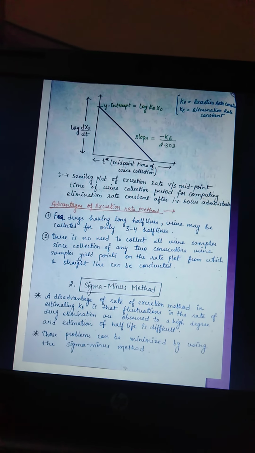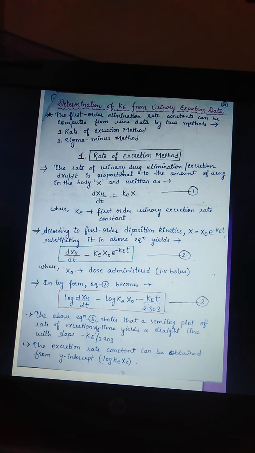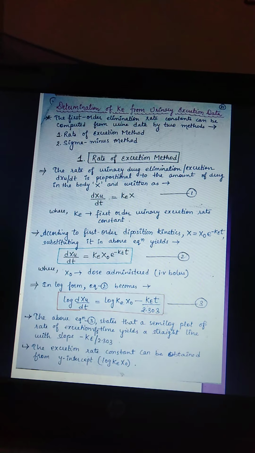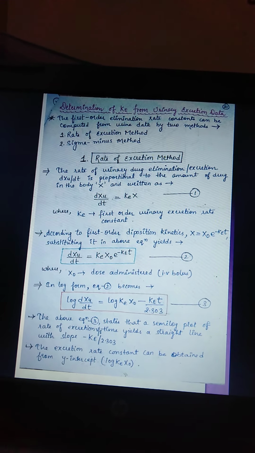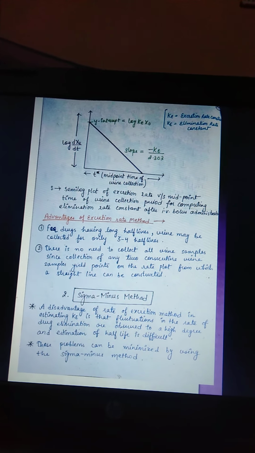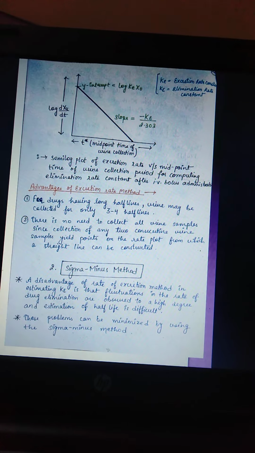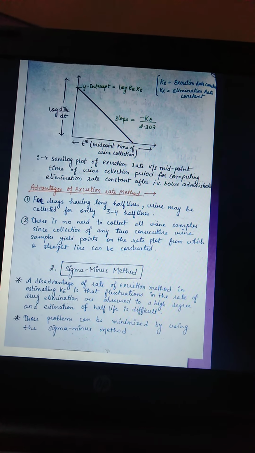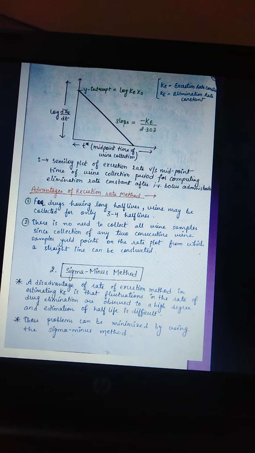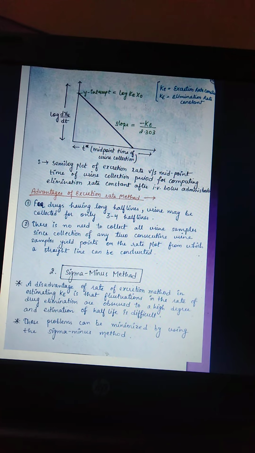In logarithm form the equation becomes log dXu/dt = log ke X0 - KE t/2.303. So the above equation states that a semi-log plot of the rate of excretion versus time yields a straight line with a slope of -KE/2.303.